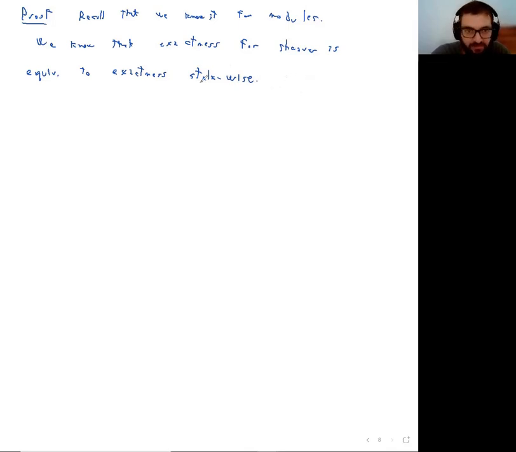And then we're done because the direct limit is an exact functor. So we're done. So you just use little properties.